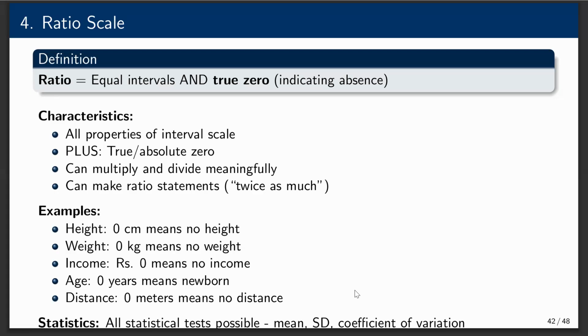Height 0 centimeter means no height. Weight 0 kg means no weight. Income 0 means no income. Age 0 years means a newborn. Distance 0 meter means no distance. So you can use all the statistical tests possible, including mean, standard deviation, coefficient of variation.